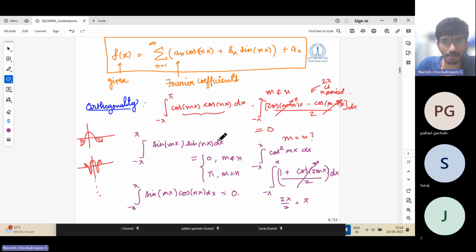So using these, what we do is multiply by cos mx and integrate on both sides of this equation. Let us call this equation 1. If we multiply by cos mx and integrate on both sides, all the terms for which n is not equal to m vanish and you get only one term that integrates to pi.